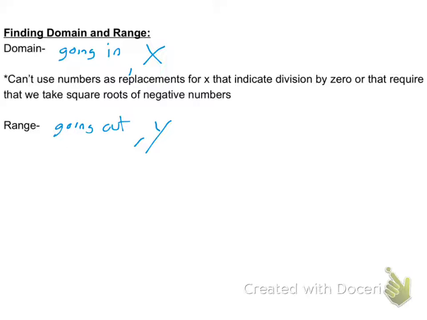So, what does it mean to be domain and range? I'm asking myself, what can I put in and what can I get out? And so, if I pose this question, what is the domain and range of y equals 2x plus 3? There are certain functions that you guys have graphed many times.